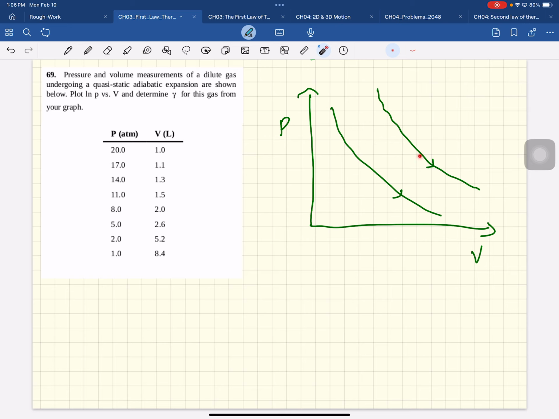So by the way, which is higher temperature among these two? If you take the gas along this path, the temperature is constant. If you take the gas along this path, the temperature is constant. Along which curve is the temperature higher? Oh, yeah, you're right.